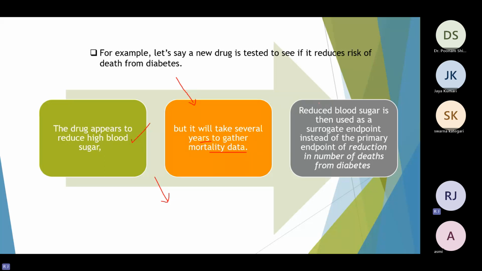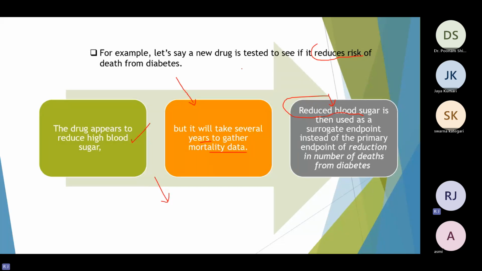So what will we see? In order to know whether our anti-diabetic drug is going to reduce the risk of death from diabetes or not, we'll see the blood sugar level. Whether our drug is going to reduce the blood sugar level or not, we can determine whether it is going to reduce the risk of death from diabetes. So instead of waiting for subjects to die someday, we can use some other endpoint, right?